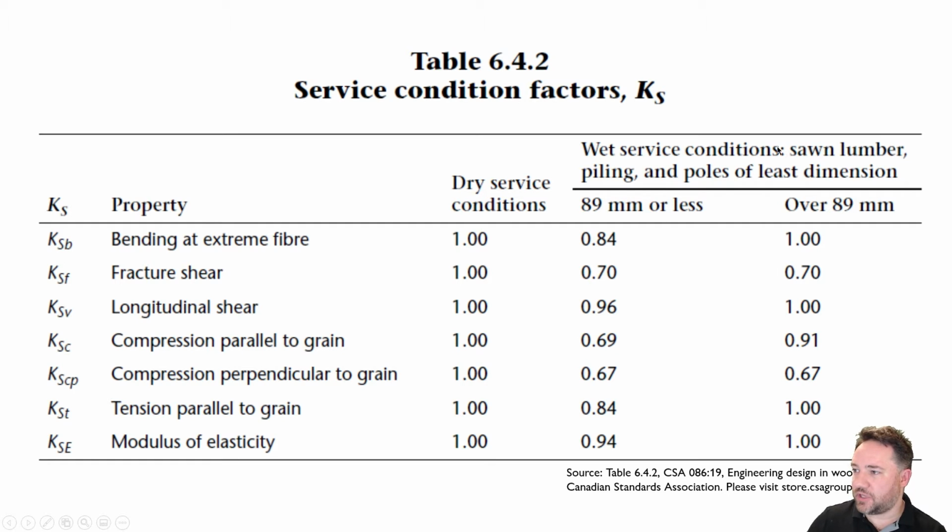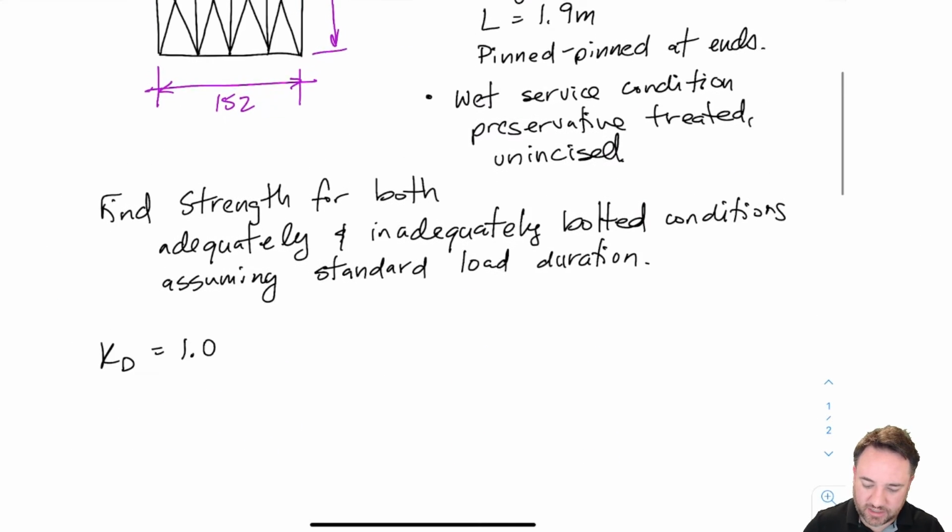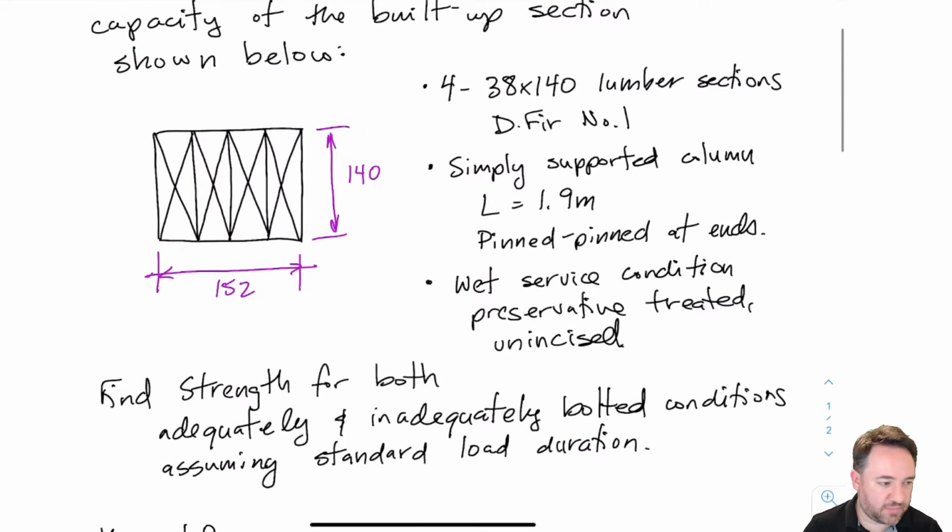Which column here applies? Wet service condition, sawn lumber, piling and poles of least dimension 89 or less, or over 89. Well, we are dealing here with a dimension of 38 by 140. So the question is, do I use the one for the individual members or the one for the built-up section? Well, the built-up section is only for calculating the strength.